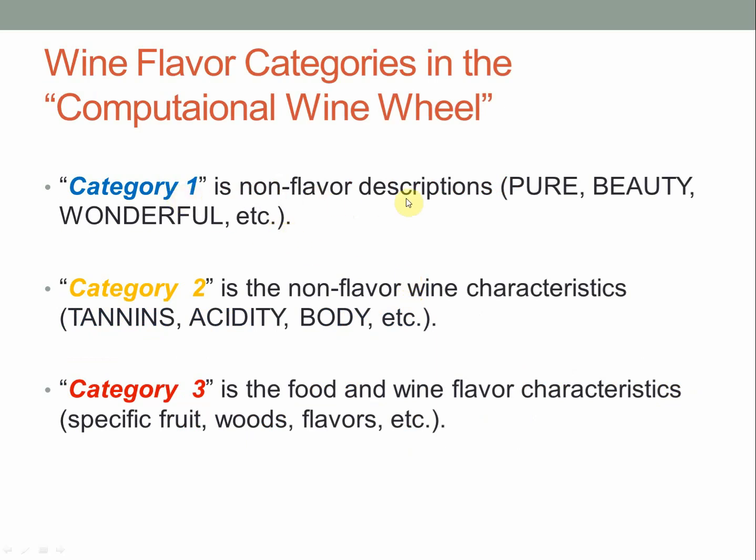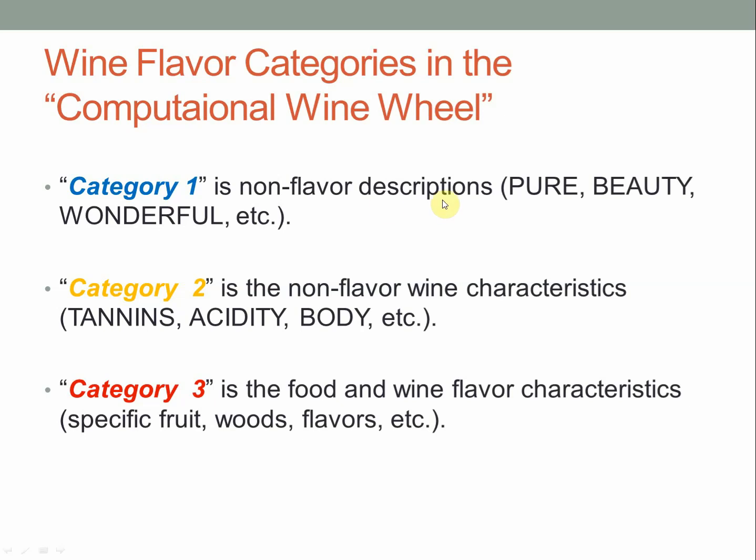Category 1 is non-flavor descriptions, such as pure, beauty, wonderful. Those are actually important in using the computer to determine the grade of the wine.